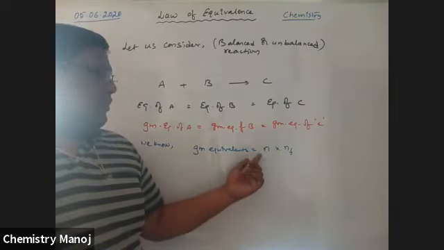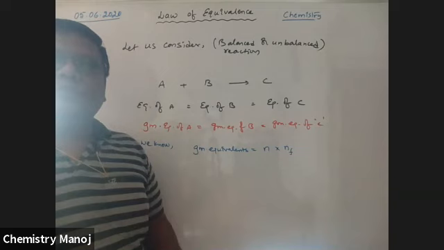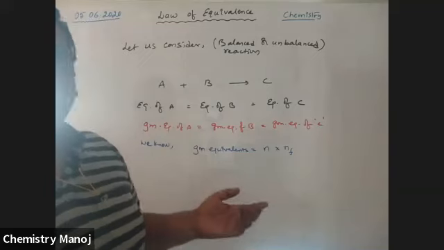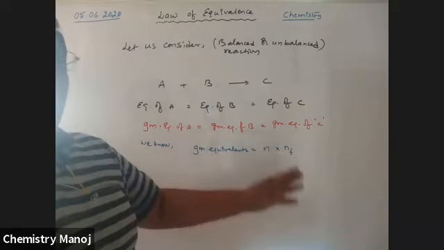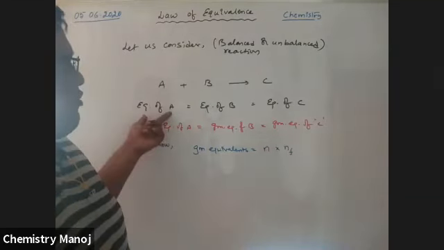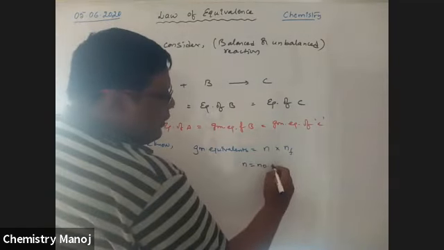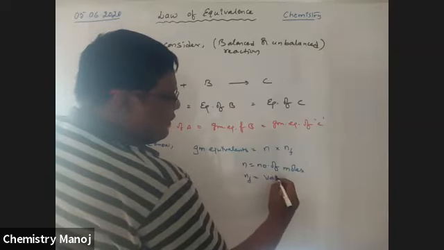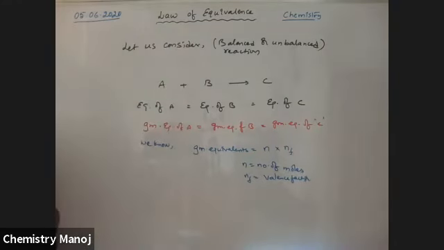So gram equivalence of A is equal to number of moles of A into n factor of A. How much is the n factor for that A? How to find the n factor of a particular reactant, we completed that concept yesterday. So by using that n factor, you should calculate gram equivalence. Here n is the number of moles, and n factor is the valency factor of that A.